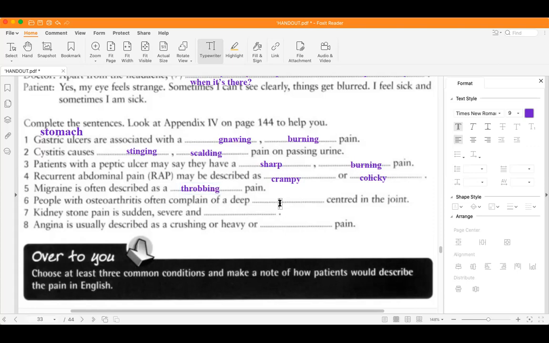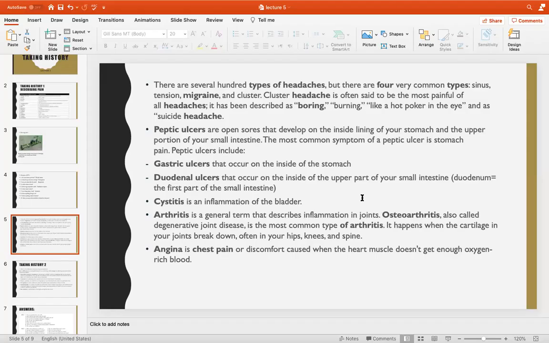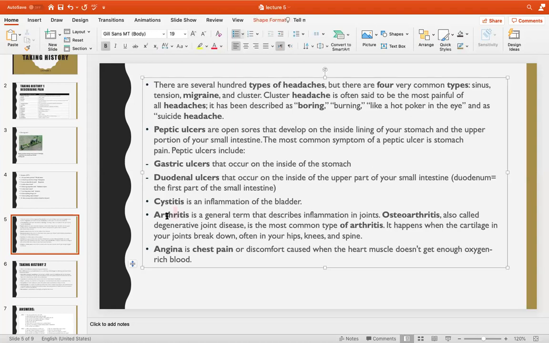People with osteoarthritis often complain of a deep ache centered in the joint. As we said before, arthritis is a general term that describes the inflammation of joints, because arthro means joint and itis means inflammation.